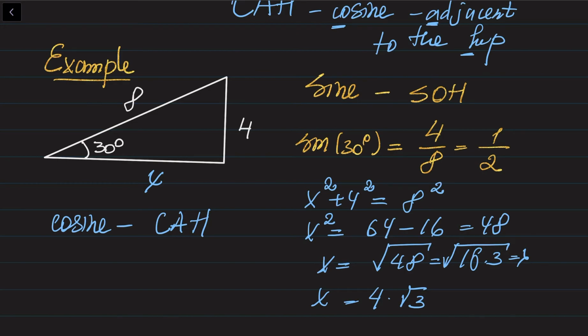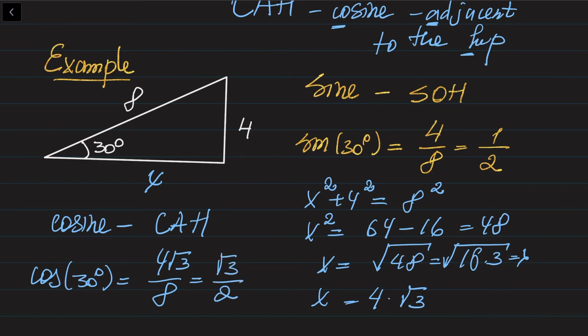Cosine is adjacent over hypotenuse, then the cosine of this angle of 30 degrees here is going to be equal to x divided by 8, which is 4 times square root of 3 divided by 8. We can just cancel out the things so we can get square root of 3 over 2. So this is how we can evaluate the sine and the cosine if you are given the triangle.